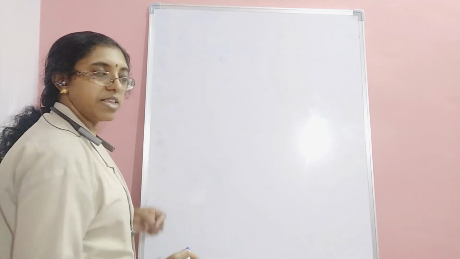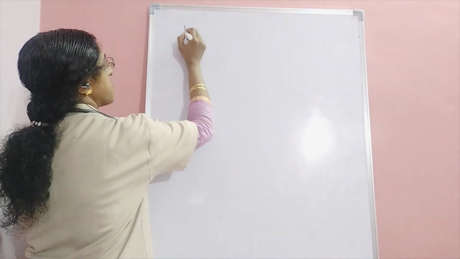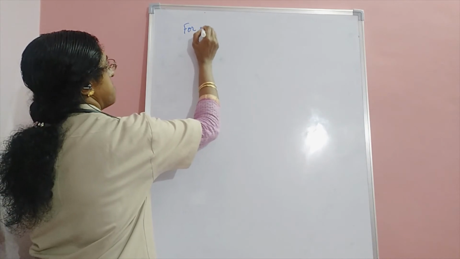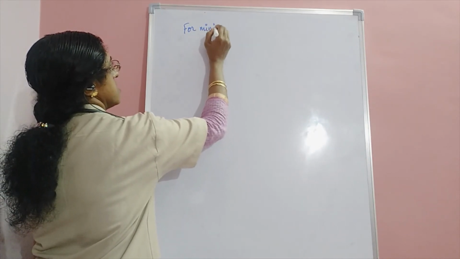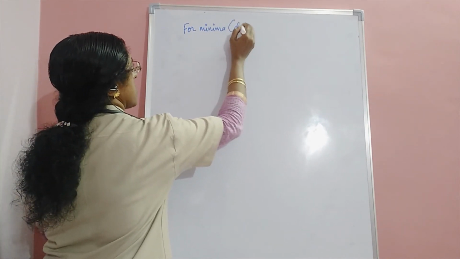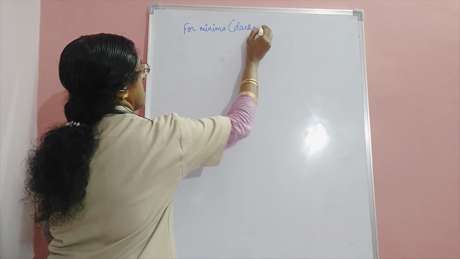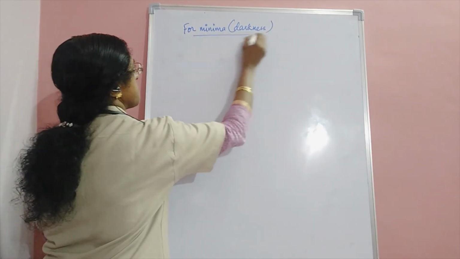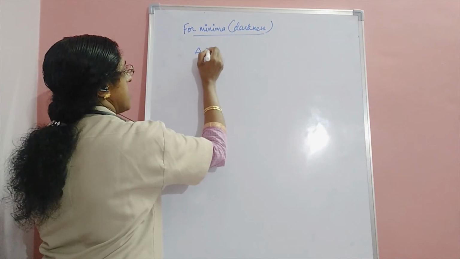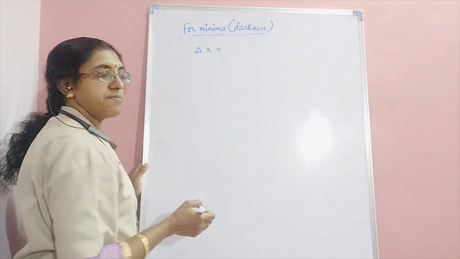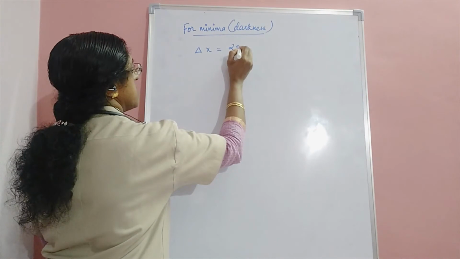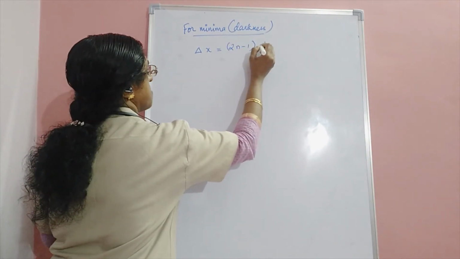Similarly, for a minima or darkness, as the path difference is delta x, what's the condition? The condition for minima is (2n minus 1) lambda by 2.